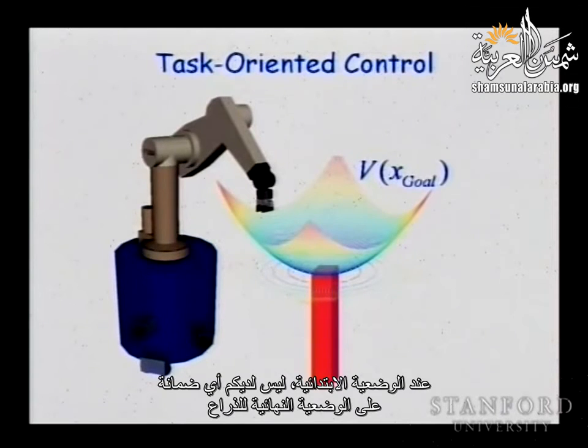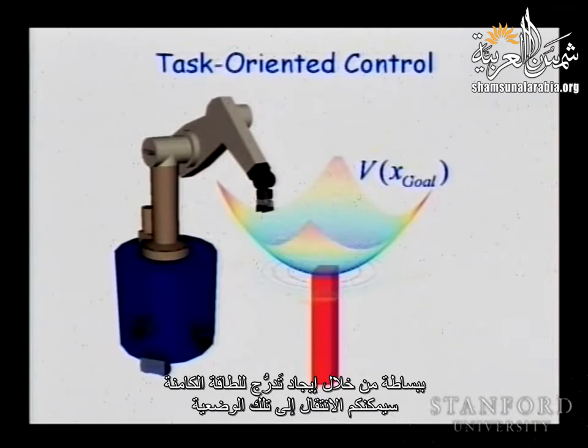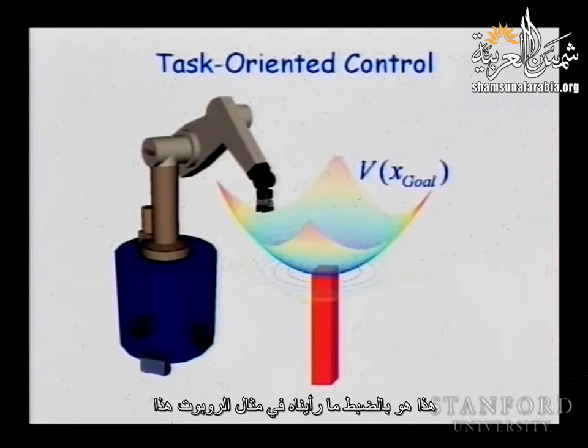And at the initial configuration, you have no commitment about the final configuration of the arm. You are just applying the force towards the goal, and you are moving towards the goal. So simply by creating a gradient of a potential energy, you will be able to move to that configuration. And this is precisely what we saw in this example.